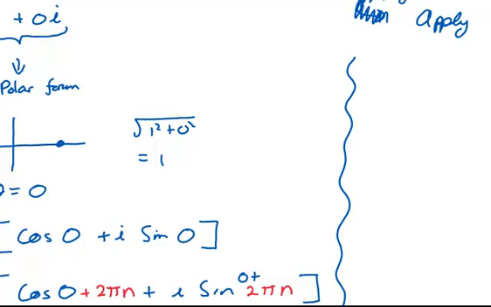And I'll just put this in red for you, as I'm sure you know. The power comes down in here and multiplies. Comes down in there and multiplies as well. So Z is equal to cos 2 pi n over 5 plus i sine 2 pi n over 5, and that's you done.